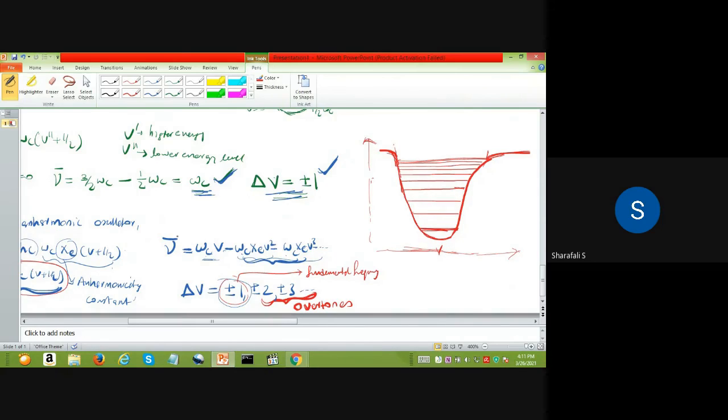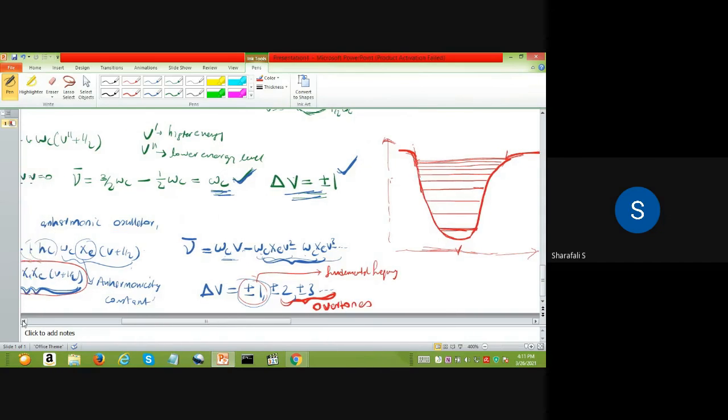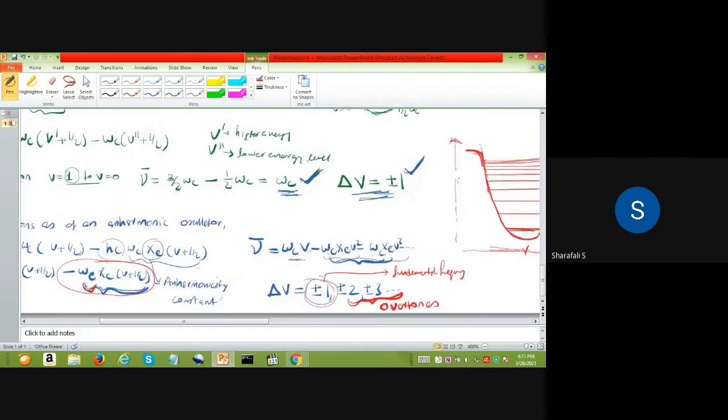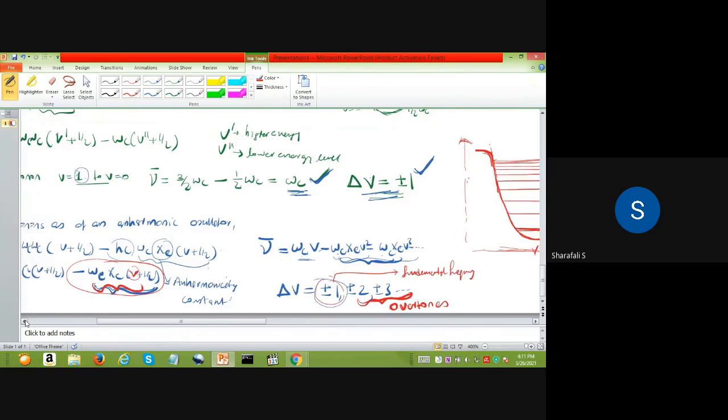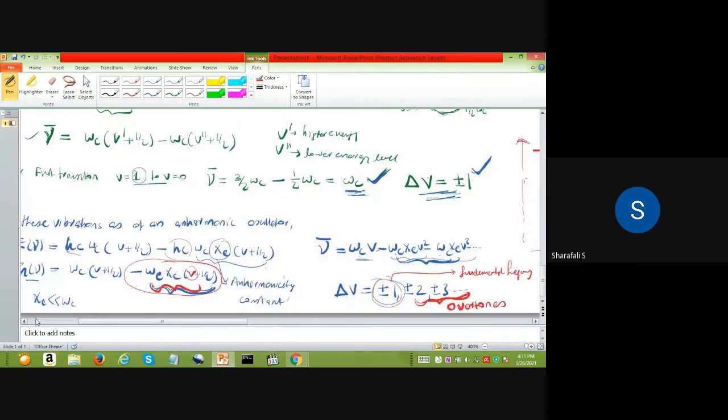Anyway, because of this additional term in your energy, in wave number, each time your v becomes higher, it matters. I think I have made one mistake here. This should be square here.